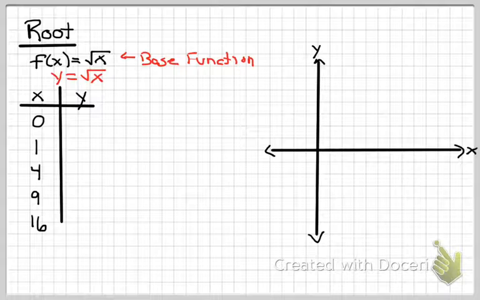Again, remember, this isn't something that I want us to get used to doing all the time. I would like us to be able to graph a base function just when you see it. Notice that all of our x values are 0, 1, 4, 9, and 16.